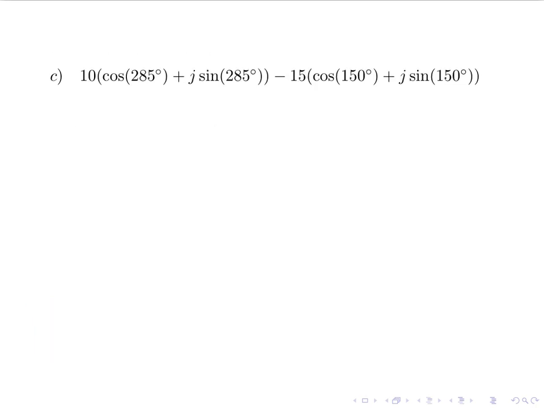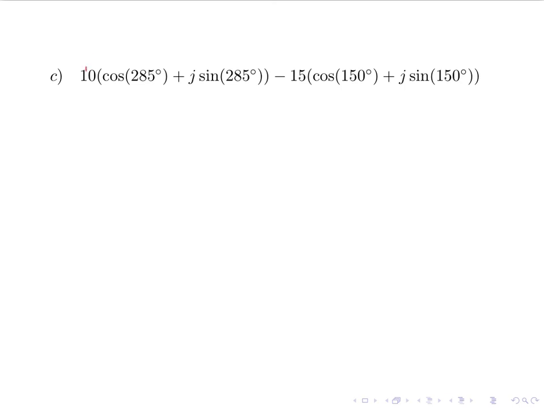For the last one, I have 10 cosine of 285 degrees plus j sine of 285 degrees minus 15 times cosine of 150 degrees plus j sine of 150 degrees. So it's already in that kind of elongated polar form. So I've kind of already done that first step for us, and all I have to do is start plugging this stuff into my calculator.